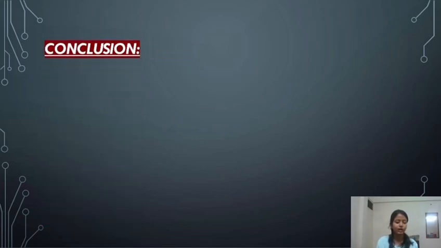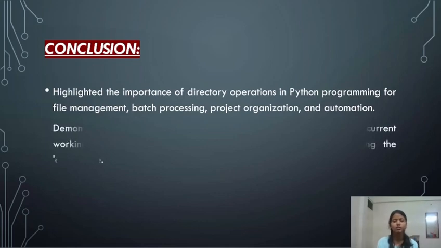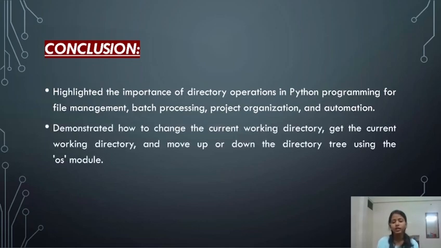This video covered essential aspects of directory operations in Python. It highlighted the importance of directory operations in Python programming for file management, batch processing, project organization, and automation. Demonstrated how to change the current working directory, get the current working directory, and move up or down the directory tree using the OS module.